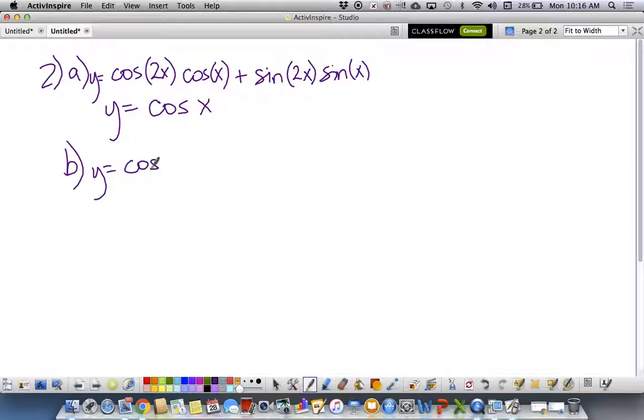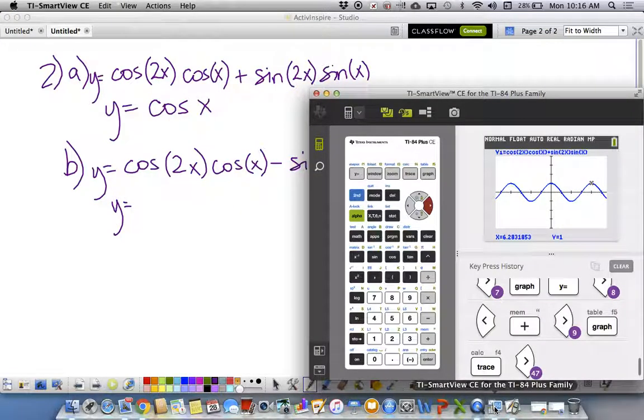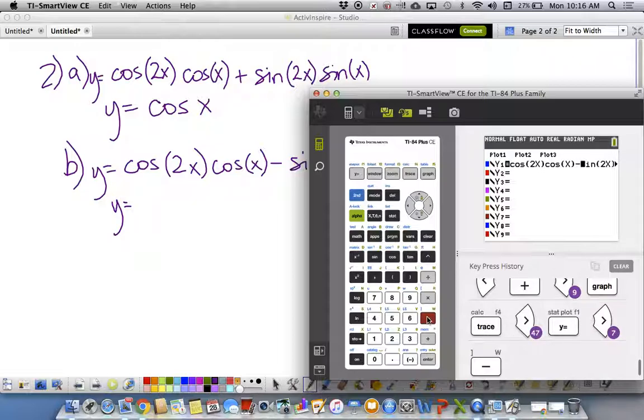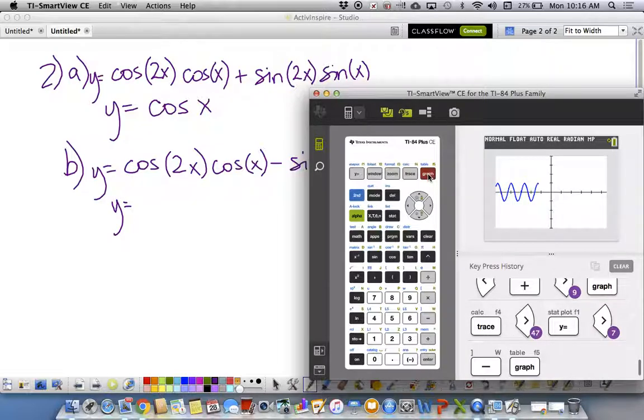So letter B, you're taking the exact same equation, but this time you are subtracting. So you've already got a glimpse of what that graph is going to look like. Here we go. Let's go y equals, arrow over to a subtraction sign and hit graph.